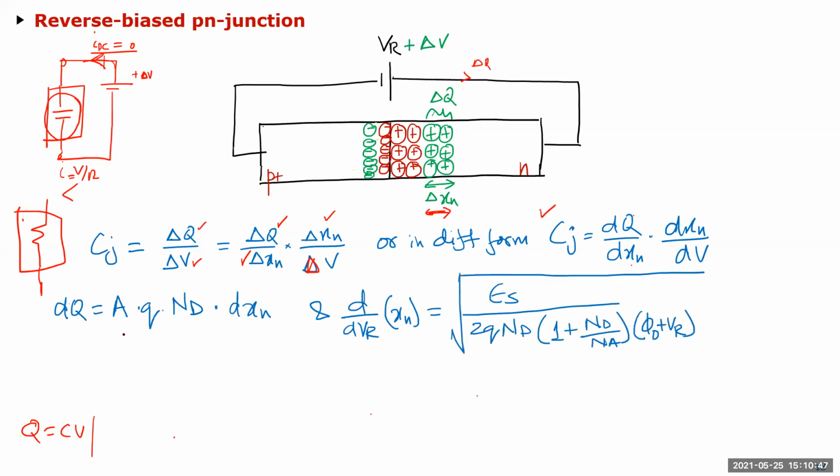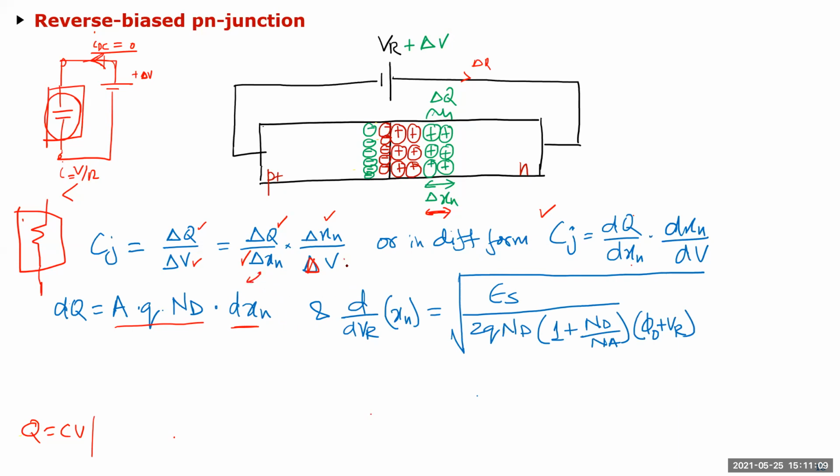And dq is nothing but the charge density per unit length times the length, right, which we used last time. So you can get dq over dxn. This quantity you can get from here. That's easy.